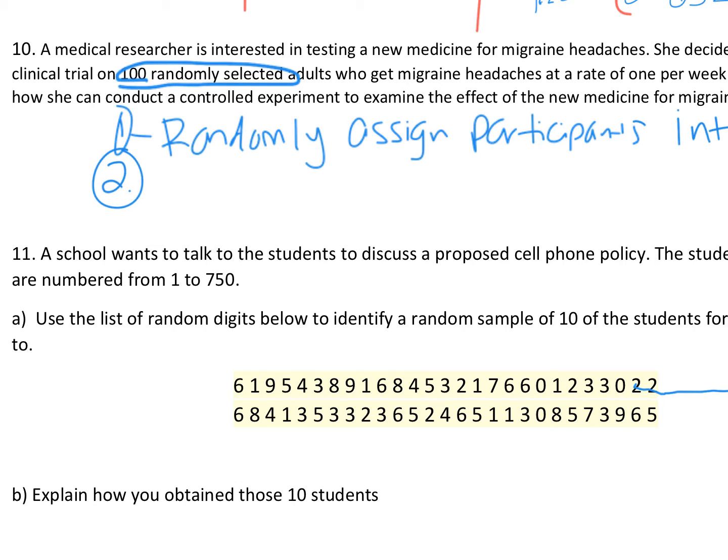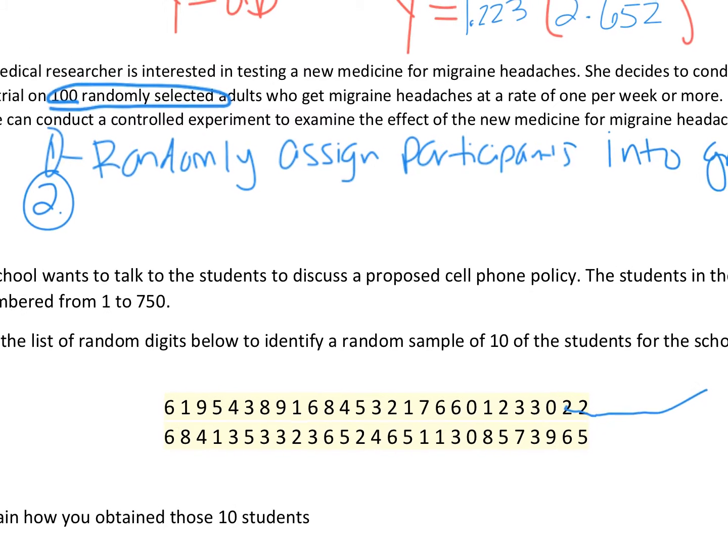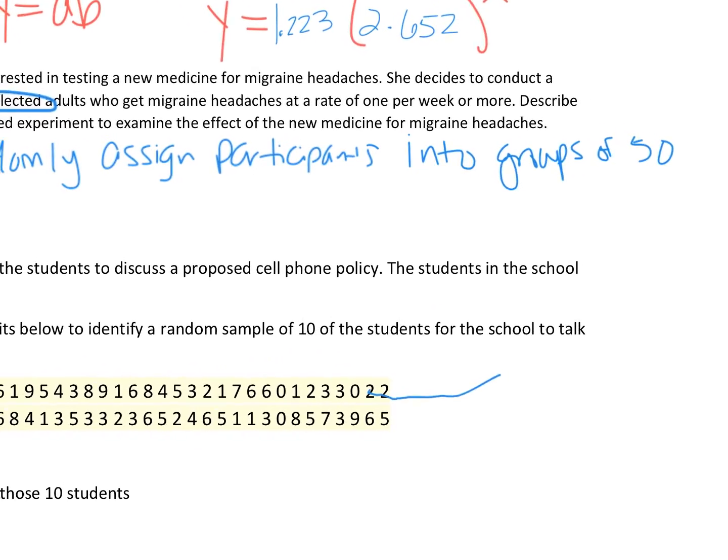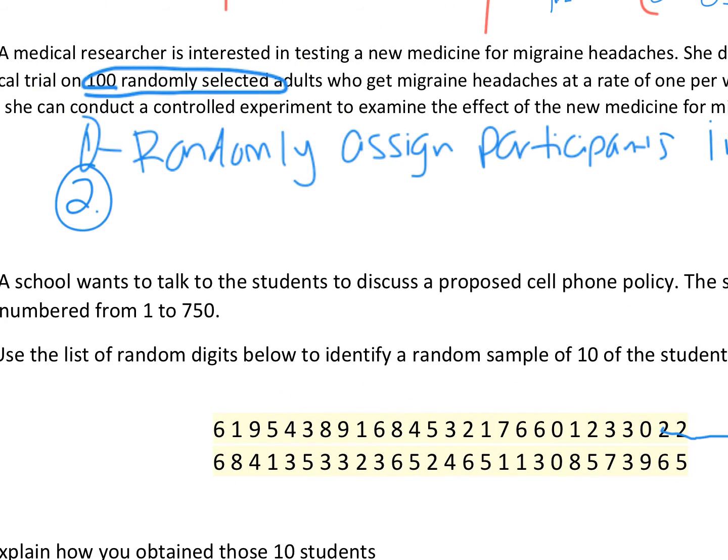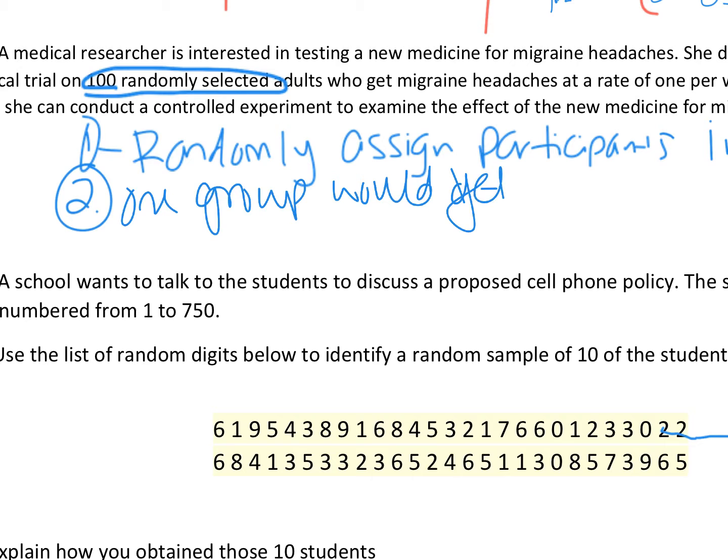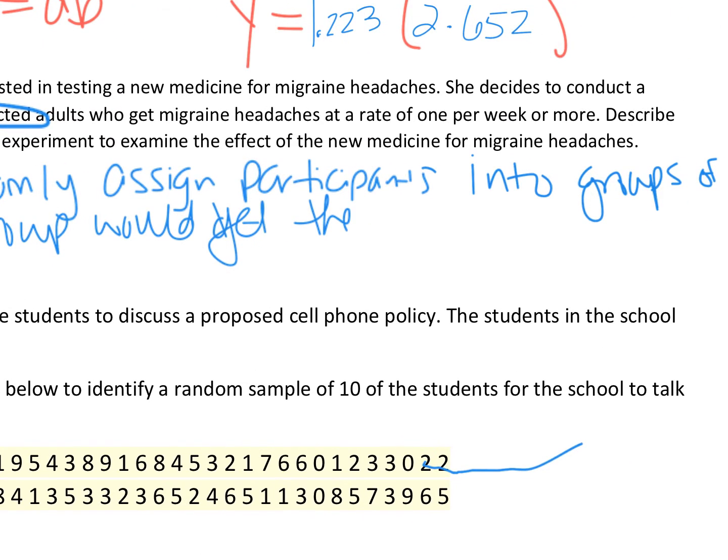We were talking about this experiment, and we first randomly selected, which was good. She needs to first randomly assign her participants into groups of 50. And I should say one group would get the medicine. I know my handwriting's not the best on this.